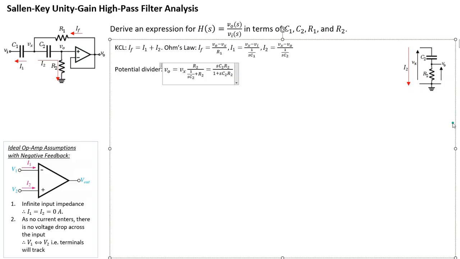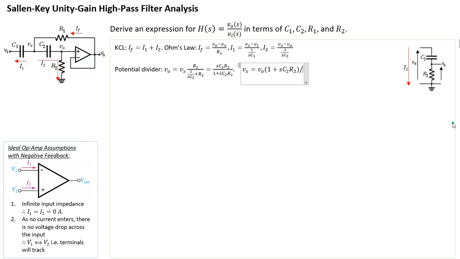Okay, so therefore we can rewrite this in terms of Vx equals something. We just have to flip the thing around. So what you're going to get is Vx is equal to Vo multiplied by, I'm going to open a bracket here, 1 plus SC2 R2, all divided by SC2 R2.